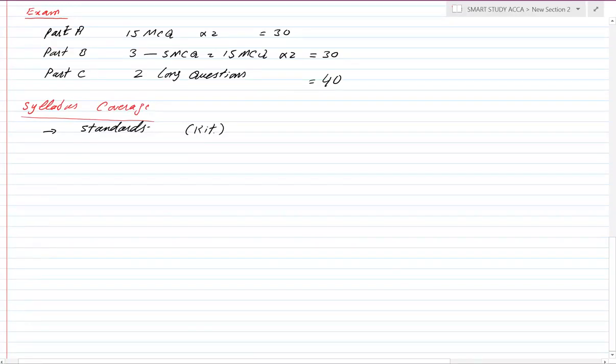For example, if we have covered IAS 16, we will try to practice all the questions from the kit on IAS 16. And most probably those questions will be MCQs or MTQs, meaning these questions will cover section A or section B of your exams. So first of all, we will cover standards on an individual basis.